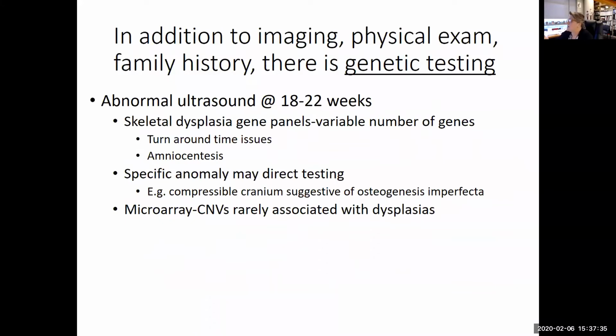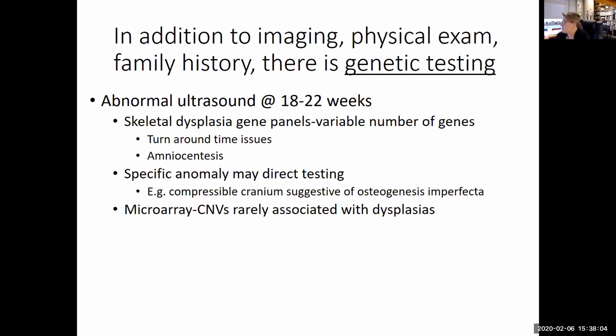If everything goes along in a pregnancy and you're at that point of the second trimester ultrasound, there are skeletal dysplasia gene panels that are available. They have a whole variety of different numbers of genes. Turnaround time sometimes is something to be considered because you are getting to the point of viability and it's changing the possibilities for how you might manage that pregnancy.